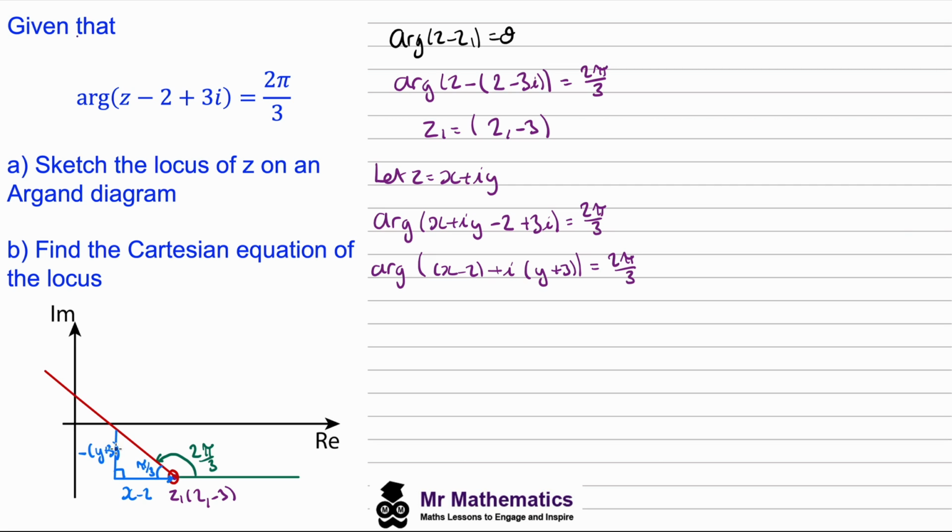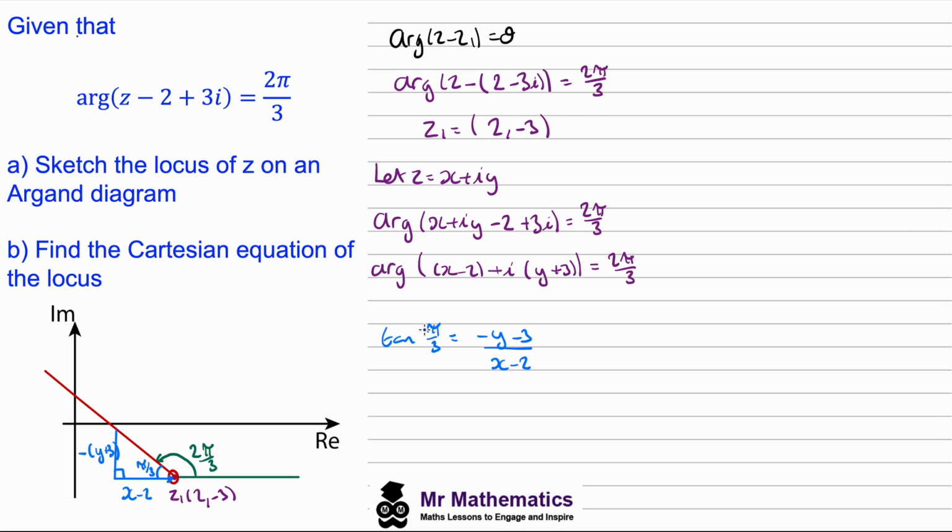So from this right angle triangle, we can create another equation using the tan of this angle. So the tan of pi over 3 will be equal to the opposite side, negative y minus 3, over the adjacent side, x minus 2.